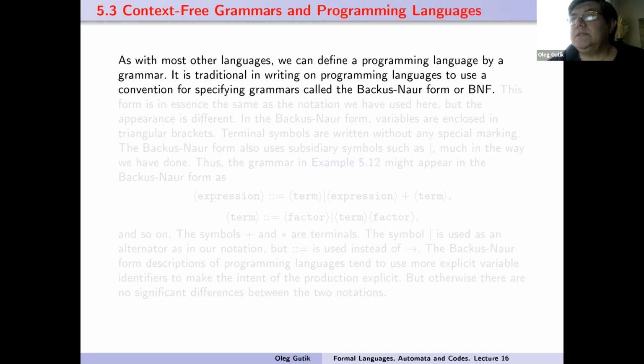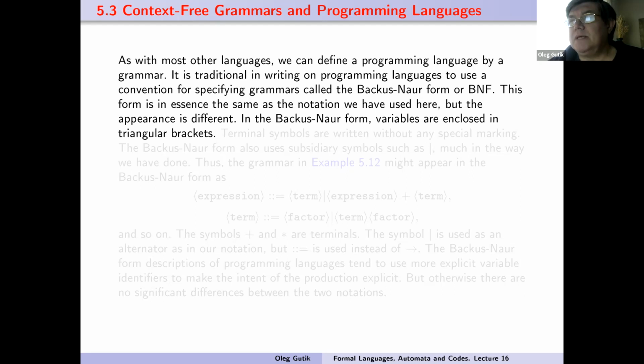It is traditional in writing on programming languages to use a convention for specifying grammars called the Backus-Naur form or BNF. This form is in essence the same as the notation we have used here, but the appearance is different.